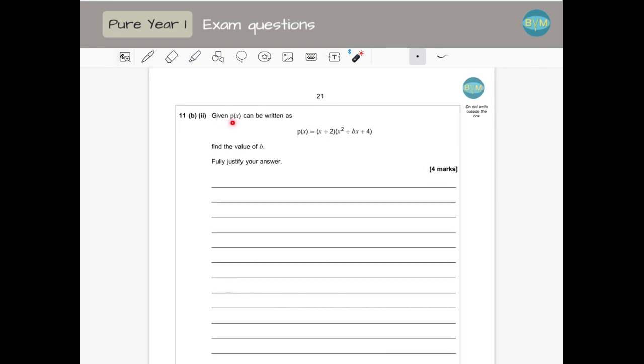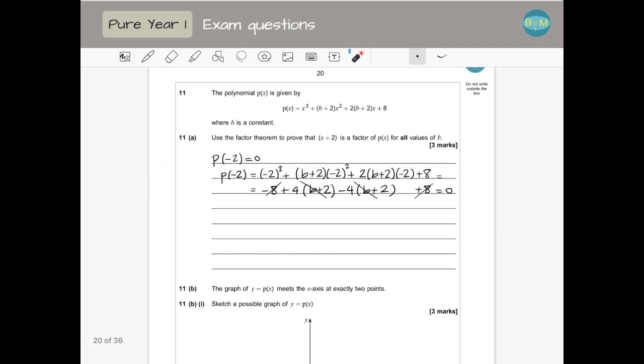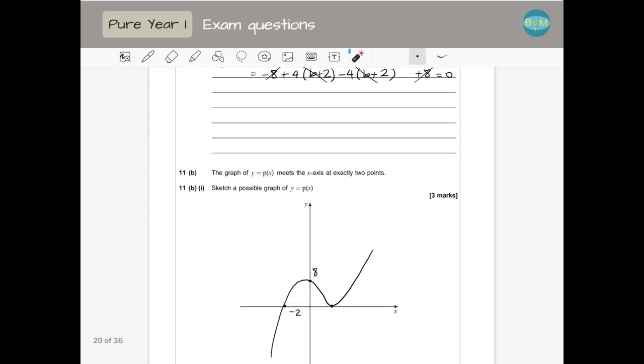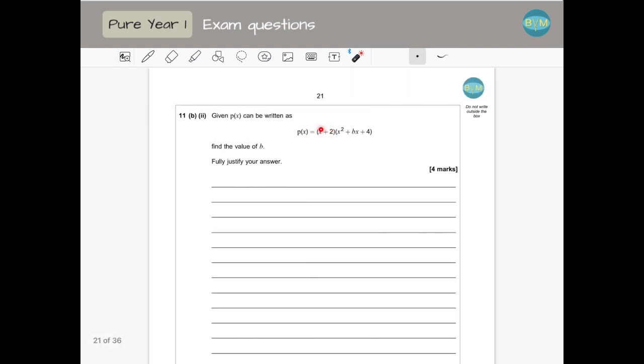Then, given that p of x can be written in this way, find the value of b. So we're going to use the fact that this meets the x-axis at 2 points, which means it has two solutions. One comes from here, the other must be double and comes from here. So this quadratic must have only one real solution, which means the discriminant is going to be 0.